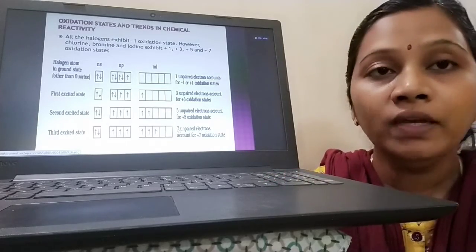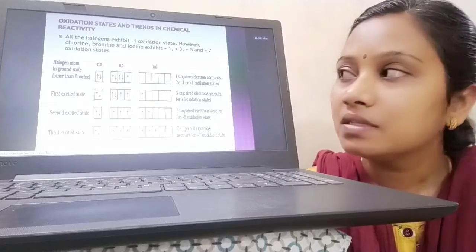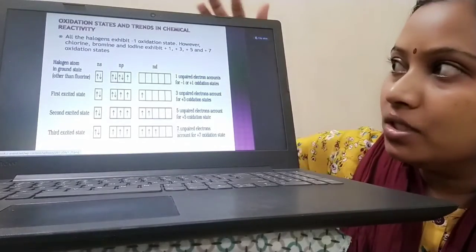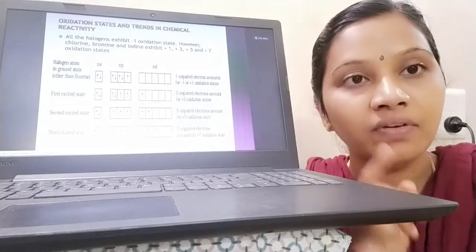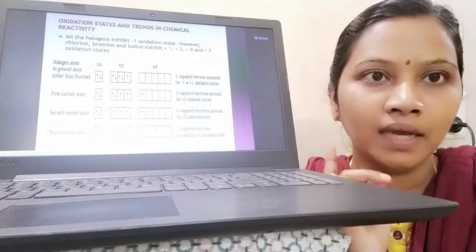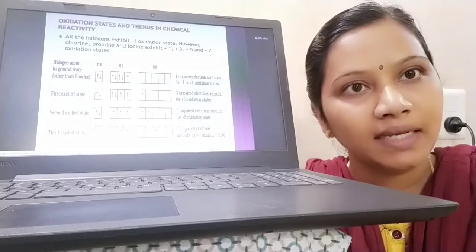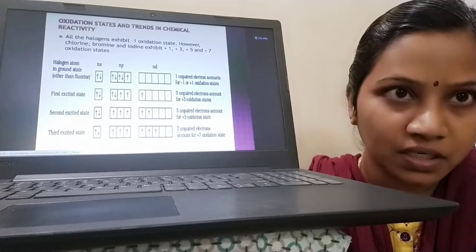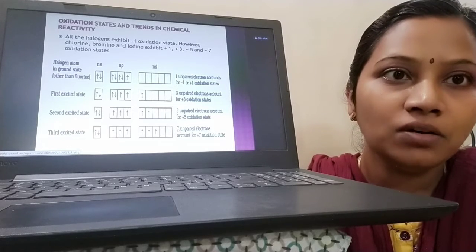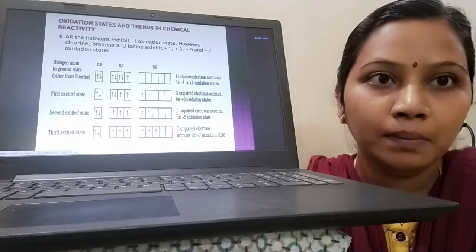Now moving to the oxidation state. Starting with the halogens, generally we know halogens exhibit the -1 oxidation state. Whenever we indicate chlorine, bromine, iodine, we indicate minus one in the superscript, right? Cl minus, Br minus, I minus, like that. But apart from the -1 oxidation state, they exist in oxidation states of +3, +5, +7.